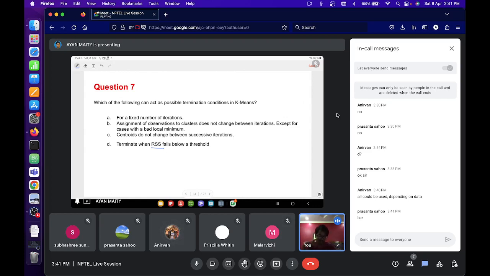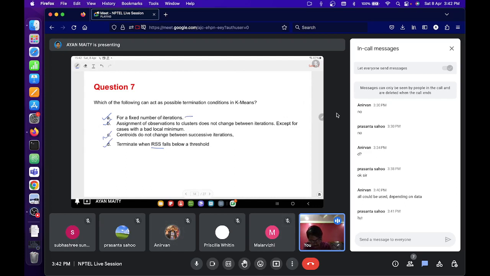So all 4 options are correct here. All 4 options can be used as possible termination conditions.